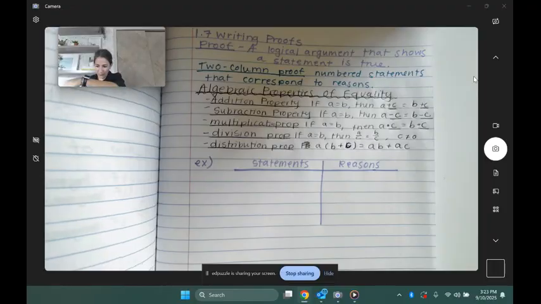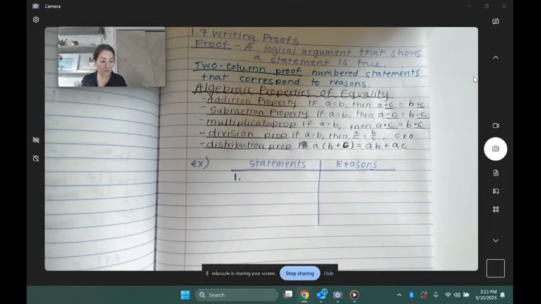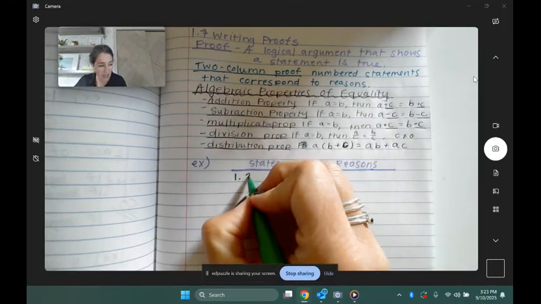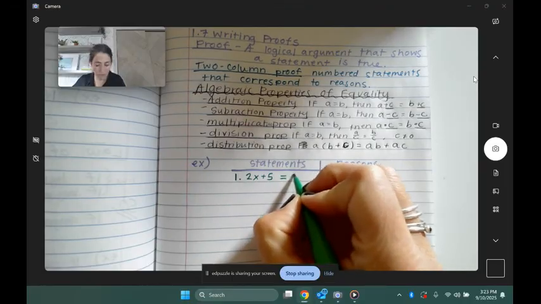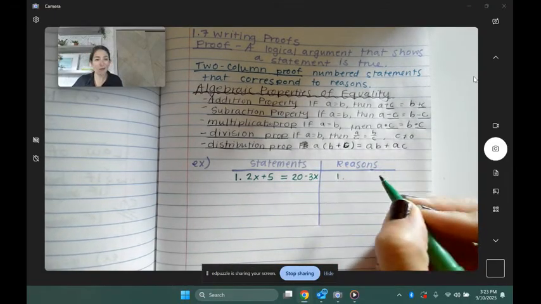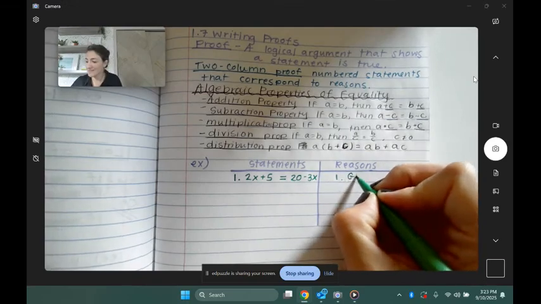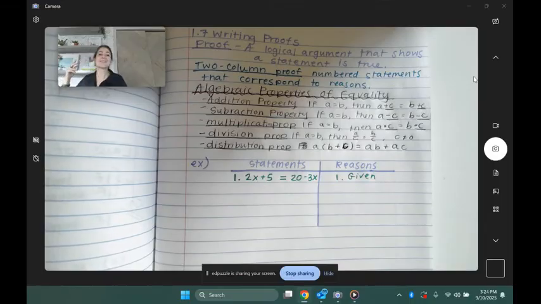We're going to start up at the top. Statement number 1: 2x plus 5 equals 20 minus 3x. The reason we know this is that it's given. Every proof will start with the given information.